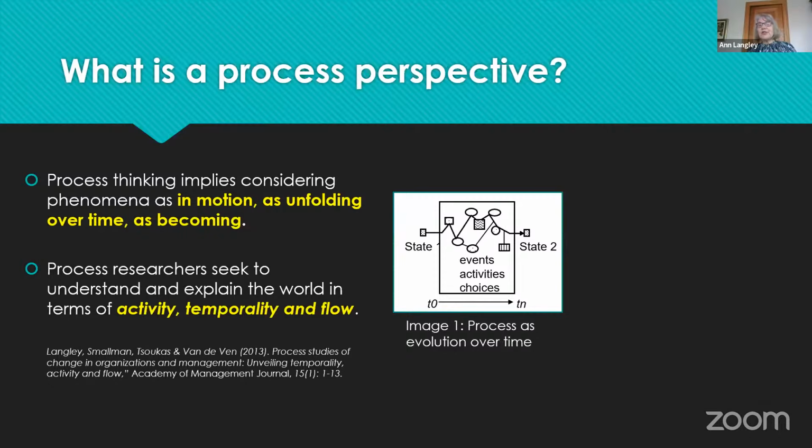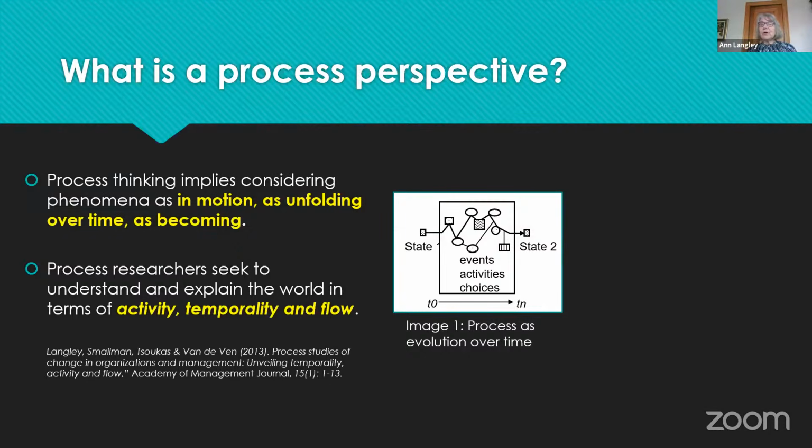So the first image is this idea of process as evolving over time. So you have a phenomenon in one state, and you're interested in looking at how that phenomenon evolves through events, activities, and choices.